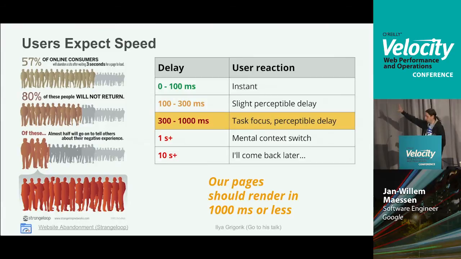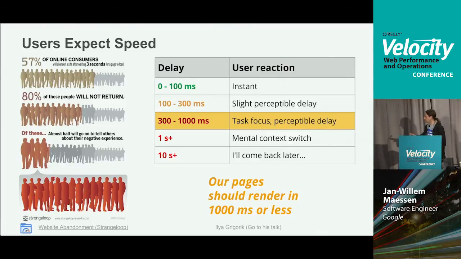The other is this perceptual view of user attention, right? That once it takes more than a second for our page to load, our users start mentally context switching. They look away from their screen, they start thinking about something else, and it takes them a moment to context switch back to our website and actually start interacting with our page.